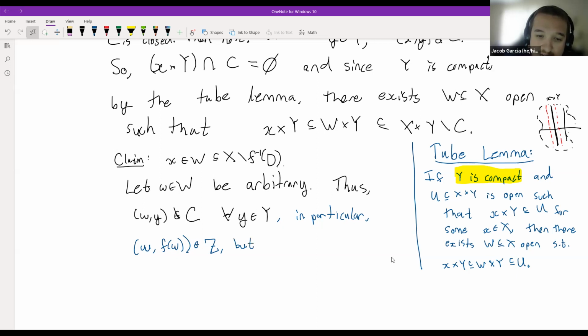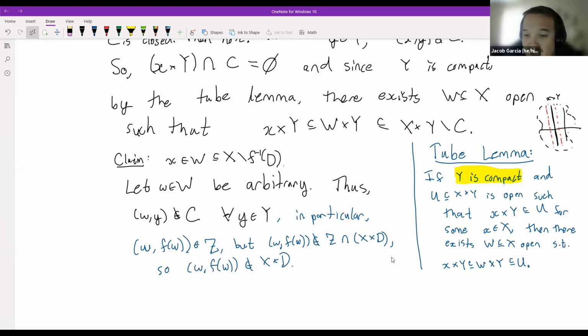But (w, f of w) is not in Z intersect X cross B. So (w, f of w) is not in X cross D, right? It's in the first component, but it's not in the intersection. So that means that it's not in the second component. And that implies that f of w is not in D. Right?